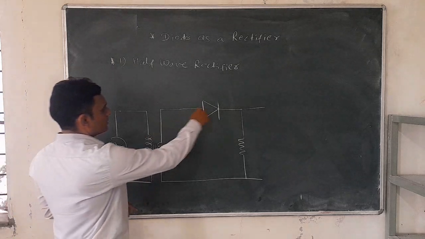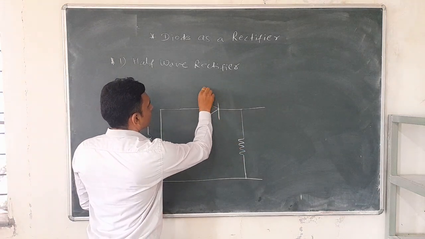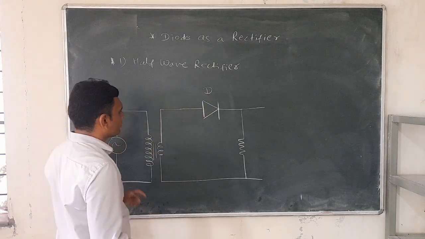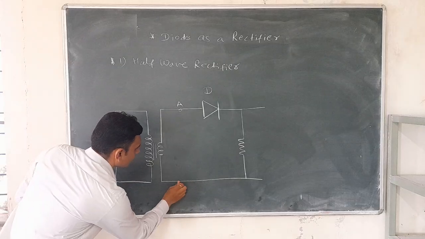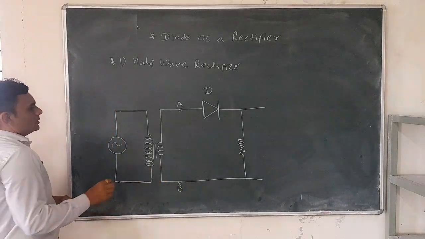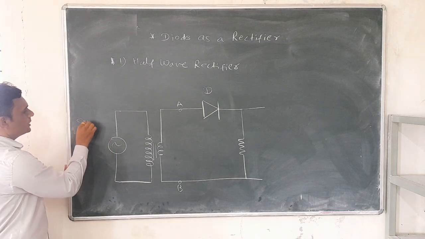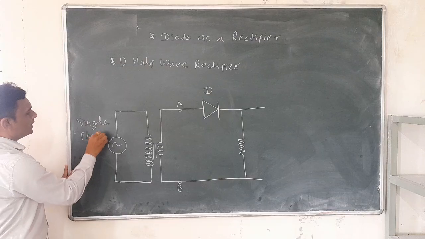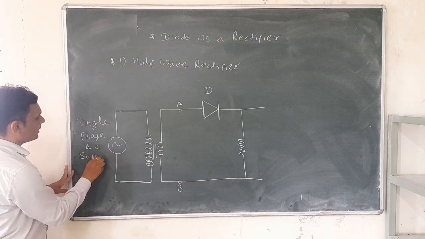See here with this circuit, diode is shown here. D means the diode. Consider 2 points, point A and point B. Here this one is single phase AC supply.